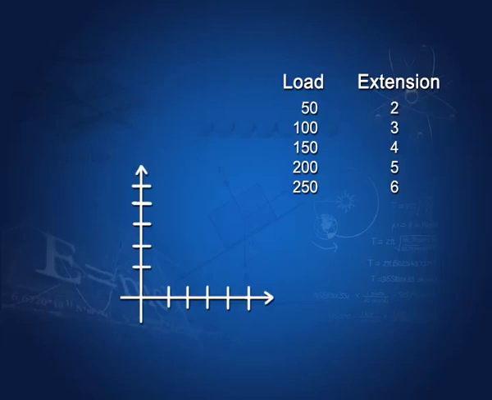If we were to plot a graph of load and extension, what do you think it will look like? So, let us put load on the x axis and extension on the y, and if you plot this, say 50, 100, 150, 200, 250 and corresponding extensions of 2, 3, 4, 5, 6 like that, you will get a straight line.